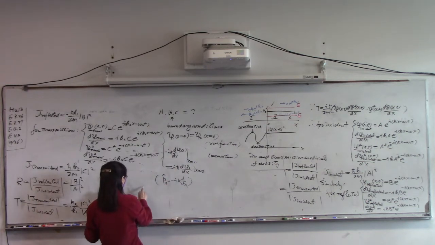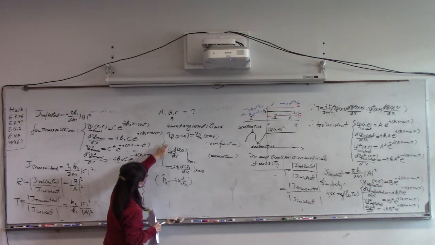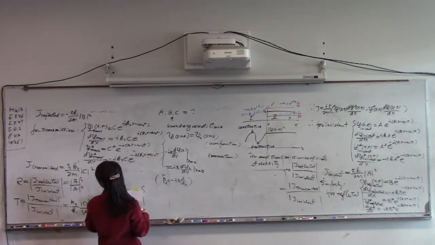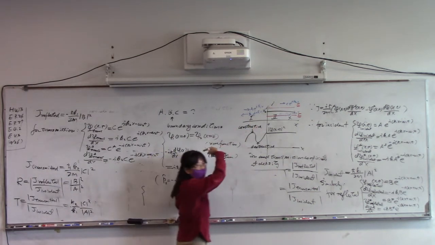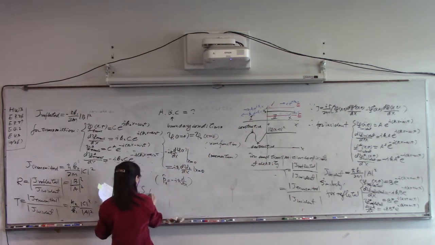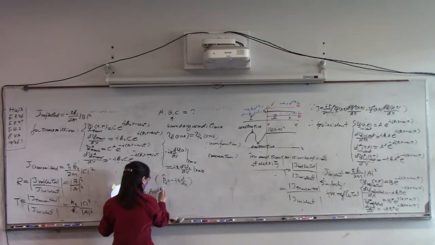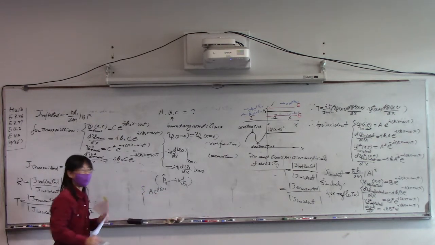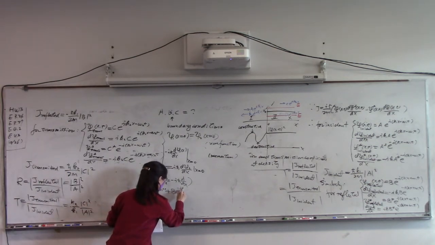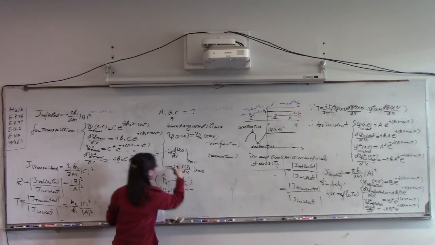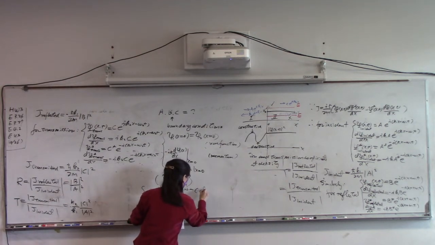Okay, so now let's set up the conditions. If you remember, we have incident and reflected waves, two waves together. So we have a exponential i k1 times 0, x equal to 0, plus b exponential minus i k1 times 0, equal to c exponential i k2 times 0.